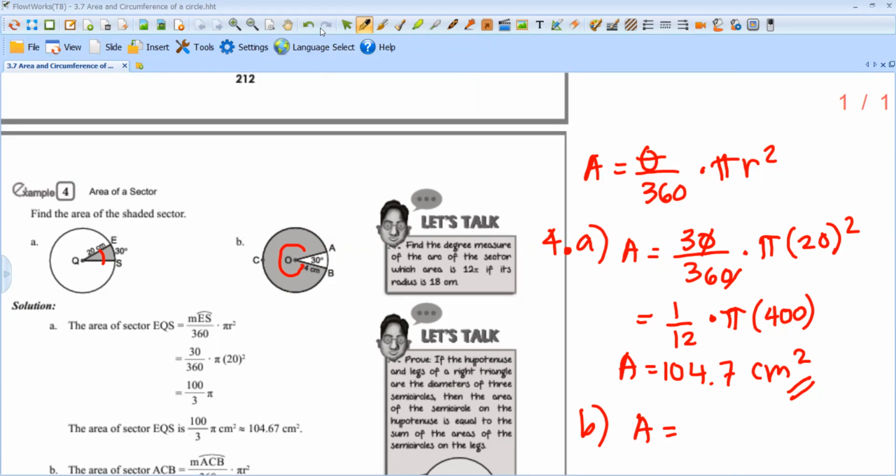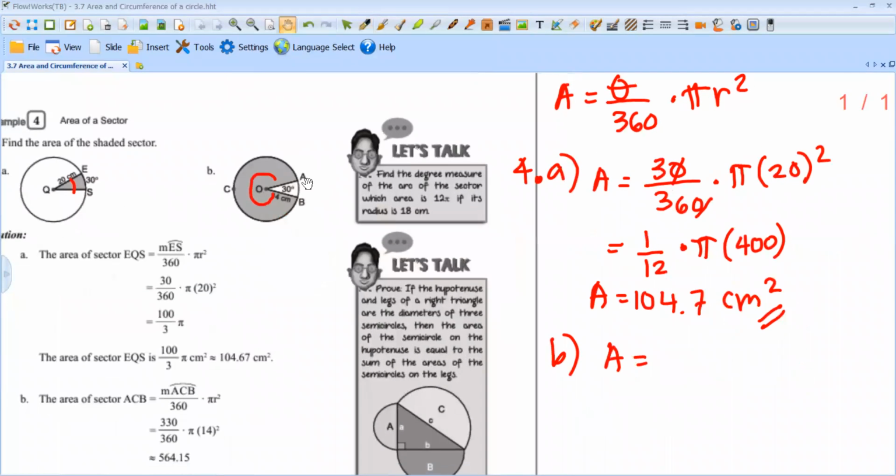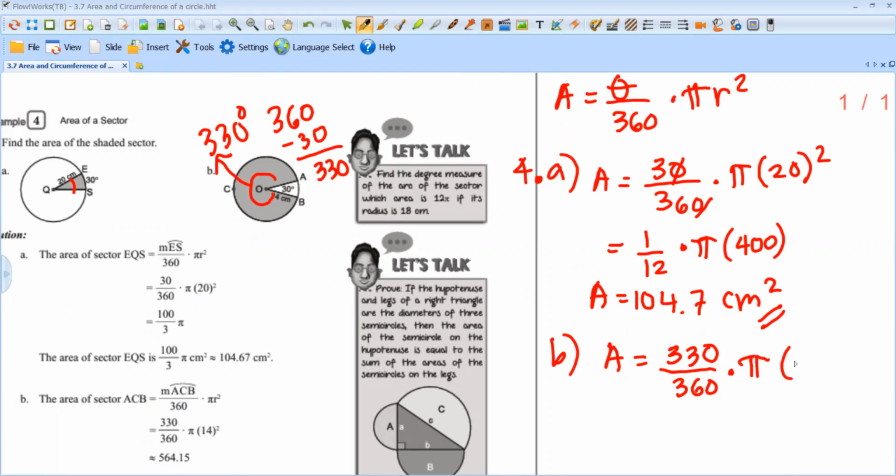So the angle that we are going to use is not 30, but we have to subtract it from 360. 360 minus 30. So that would be 330. So this full angle is 330 to get that area. So 330 over 360 times pi, and then the radius is 4 squared.